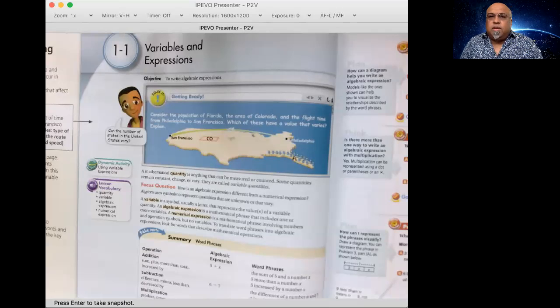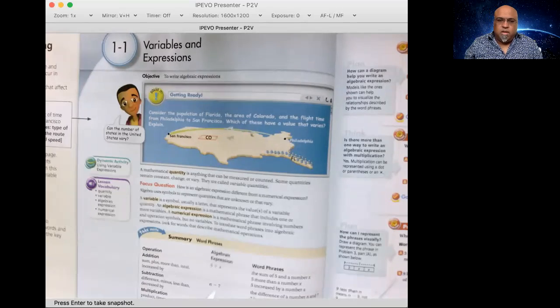So the idea is a constant means a number like 2 or 5 or 7 or 8, okay? A variable means a number that can change, and they're usually represented by a letter like F or Z or I. The most common one to use is X, okay?